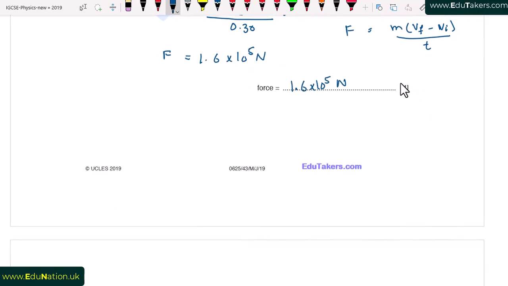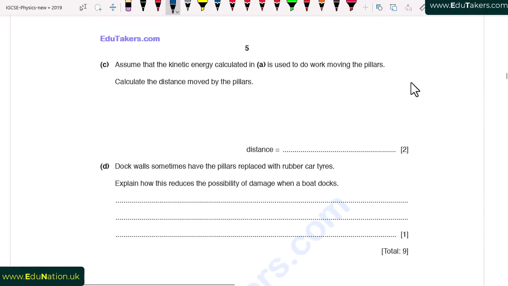Next part C. Assume that the kinetic energy calculated in part A is used to do work moving the pillars. Calculate the distance moved by the pillars. Here work is done. It means that we have to use the formula of work, that is the product of force and distance traveled by body.